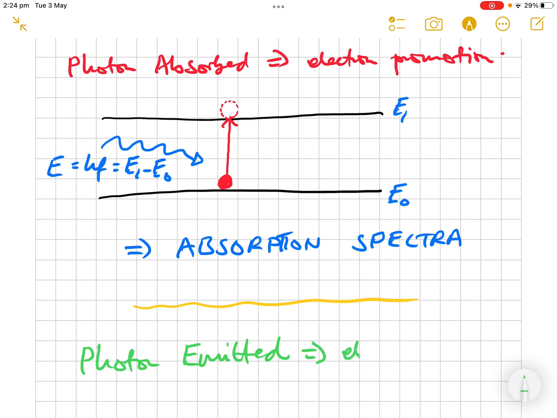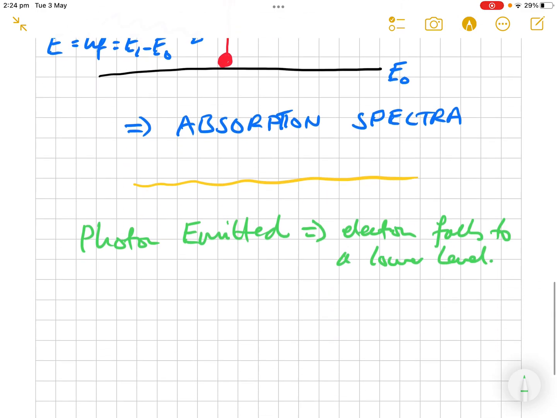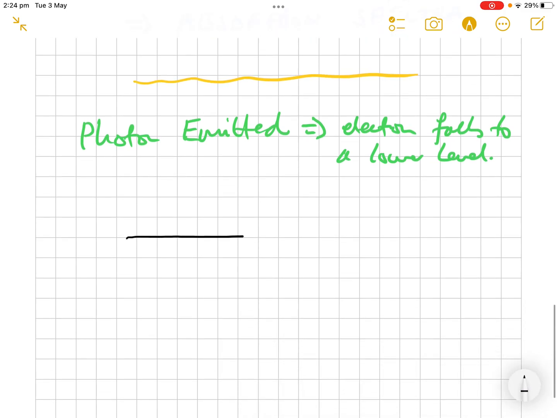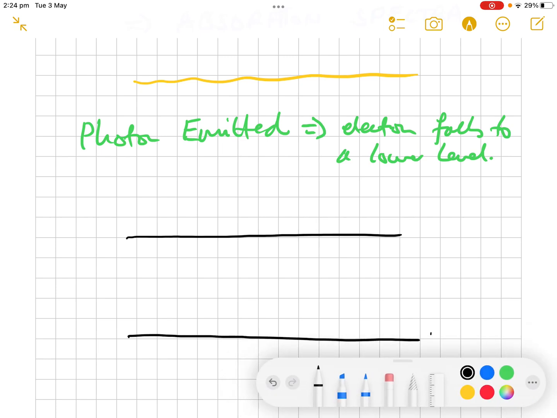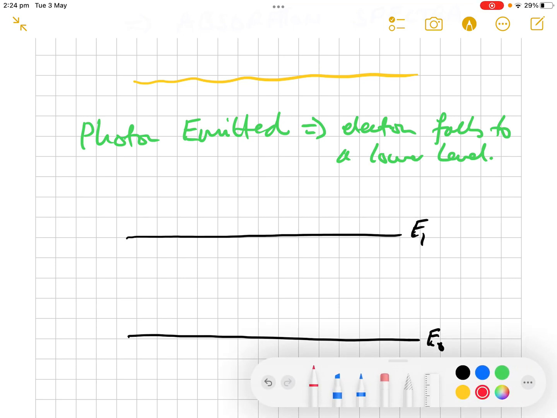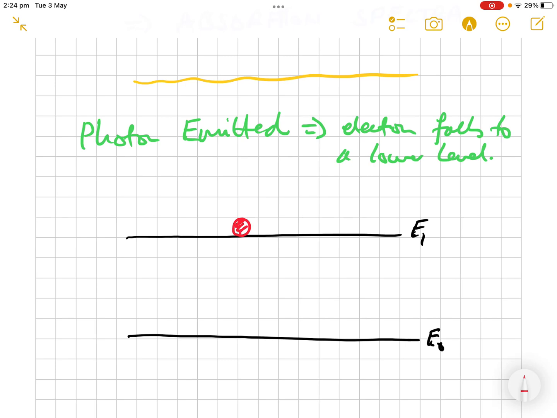then that happens because the electron falls to a lower level rather than being promoted to a higher one. So what's going on when you have a photon emitted would be this. Your electron's been promoted already somehow, but it's unstable there, so it falls back down.